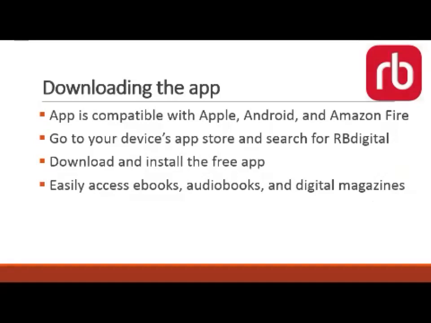Once found, follow the instructions to download and install the free app onto your device. The app allows you to easily access ebooks, audiobooks, and digital magazines from the library's RBdigital collection.